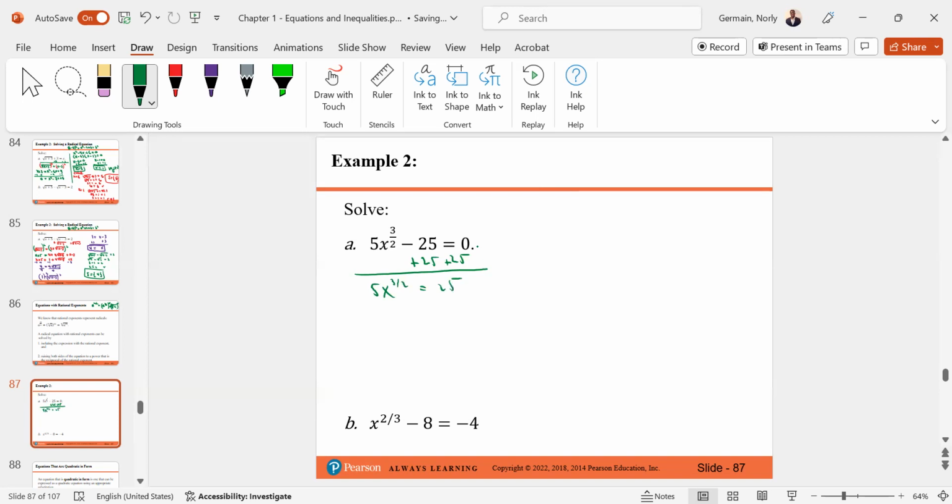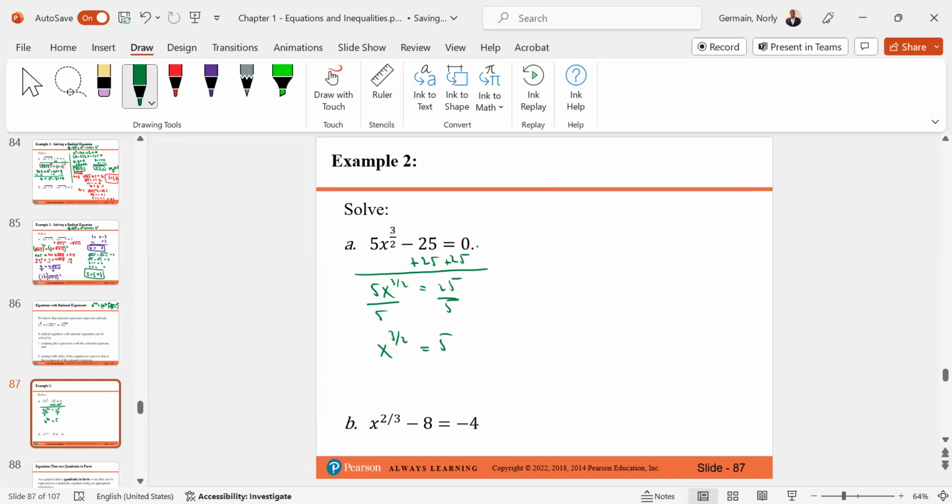Now, there are two ways of doing this one. We can simplify both sides, like divide by 5 on both sides, so x to the 3 halves equals 5. That's our first technique. The second technique is to raise both sides to the 2 halves power.